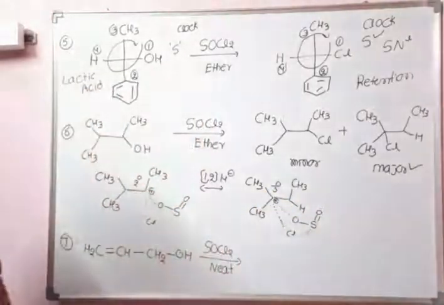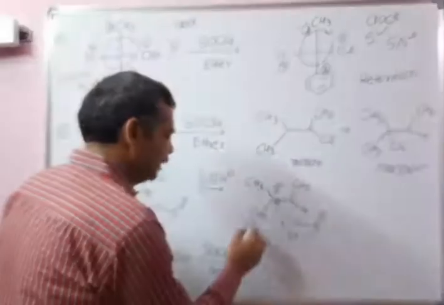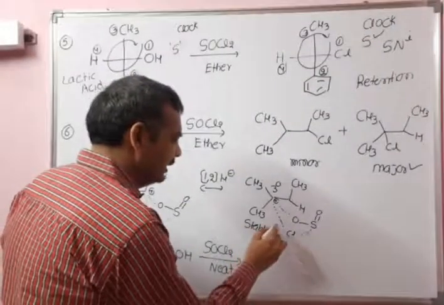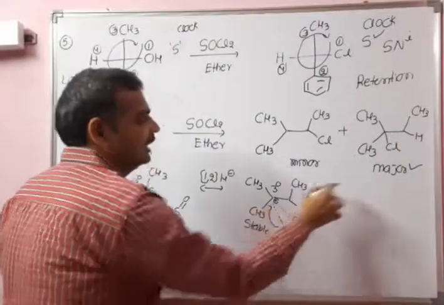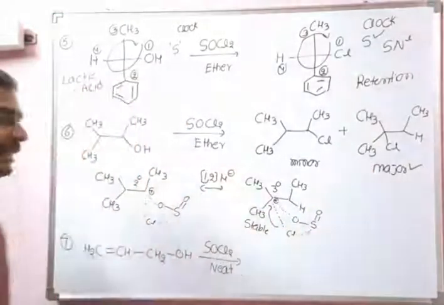The transition state with the tertiary alkyl halide is more stable. As a result, the Cl minus prefers to attack here, and this isomer is formed as the major product.